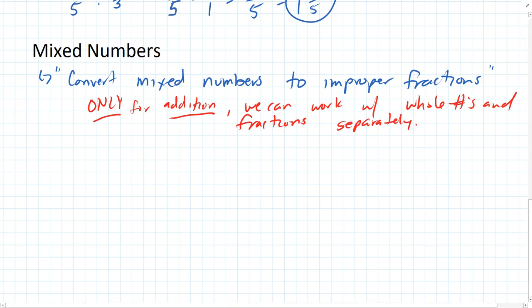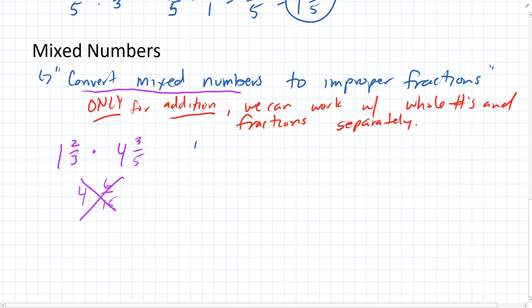If I'm going to multiply 1 2/3 times 4 3/5, oftentimes what's going to happen is our students will multiply the whole numbers 1 times 4 to get 4, and then 2 times 3 to get 6, and then 3 times 5 to get 15, and they do the simplifying, but that's incorrect. You can't just multiply the whole numbers. You have to convert the mixed numbers. That's what we're going to do first.